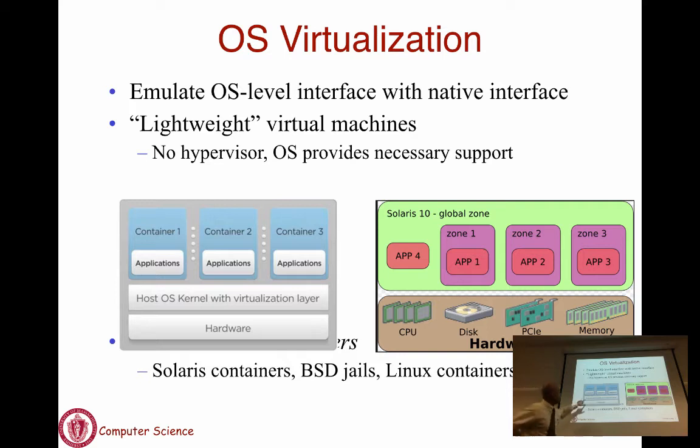You can think of OS virtualization as lightweight virtual machines. The reason it's lightweight is you will see that inside each of these virtual machines you do not run another OS. In the previous case, inside each VM we actually ran a guest OS and then applications ran on top of the guest OS.